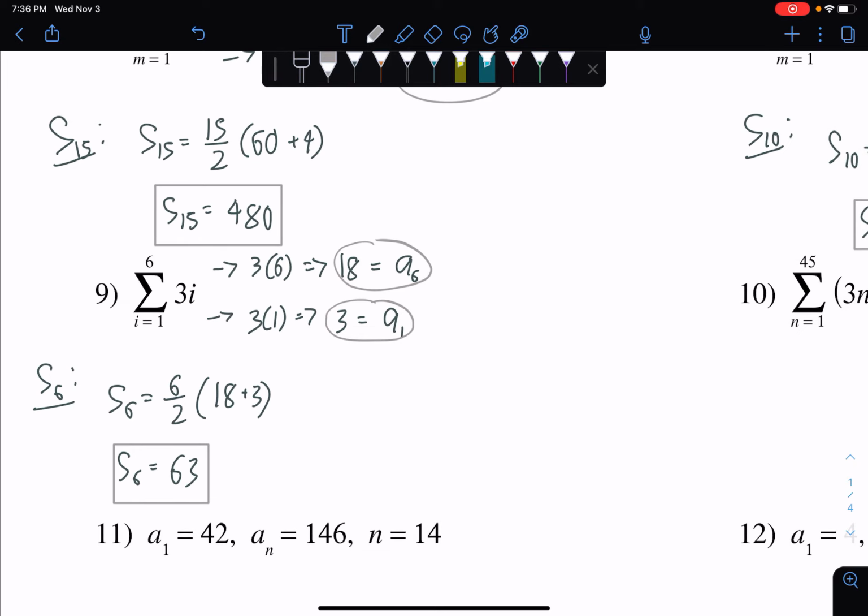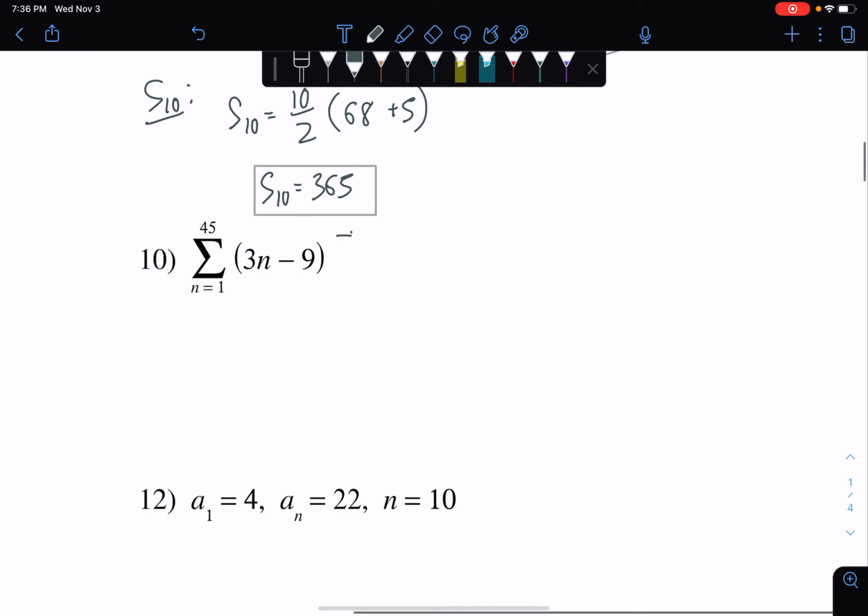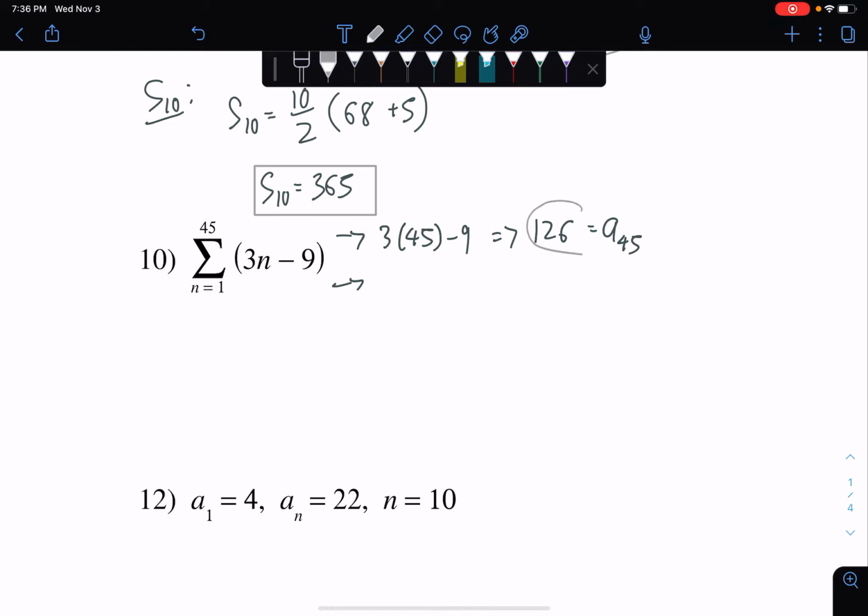And let's move on to number 10. 3 times 45 minus 9 is equal to 126, which is equal to a sub 45. Now, for a sub 1, 3 times 1 minus 9 is negative 6, which is equal to a sub 1.